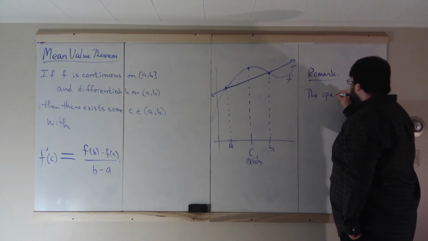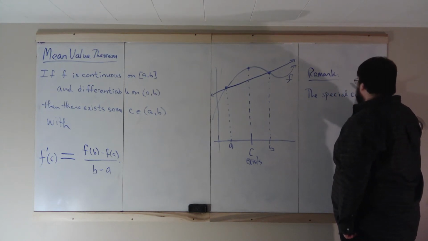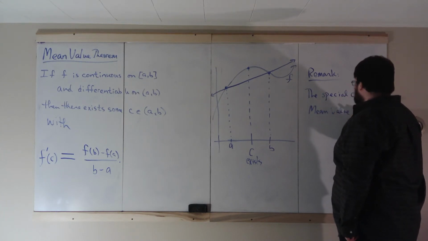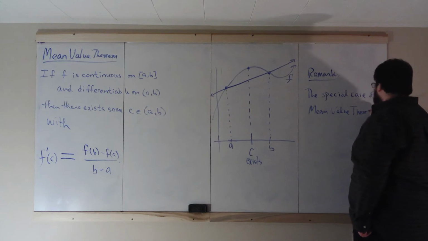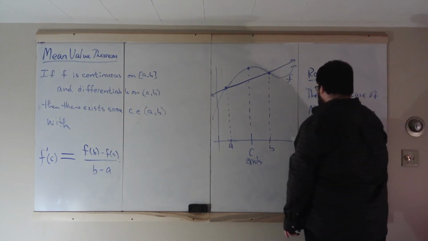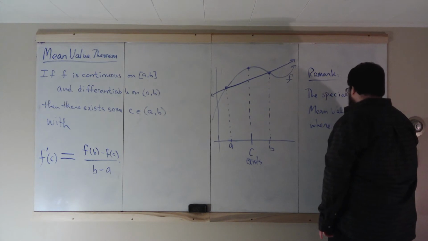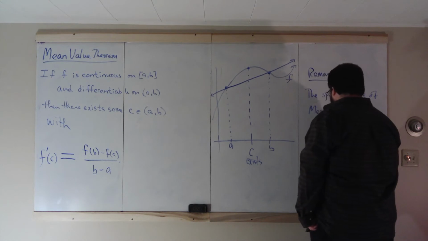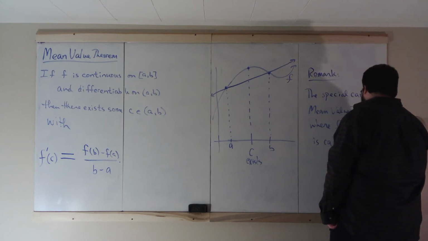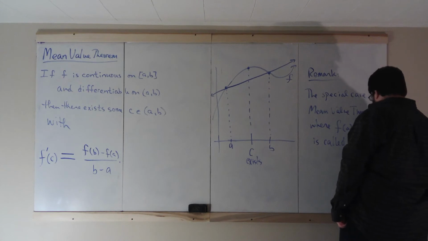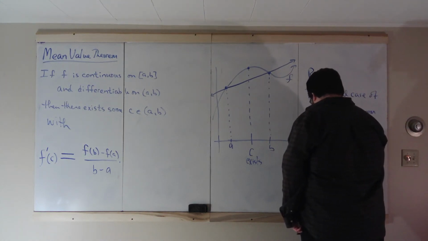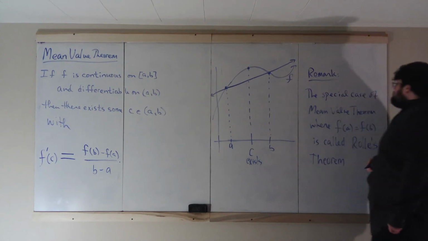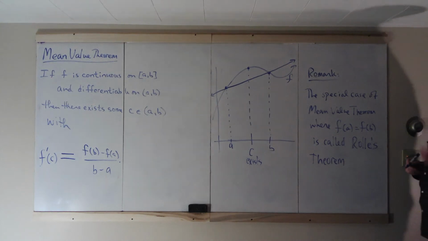The special case of mean value theorem, sometimes abbreviated MVT, where f of a equals f of b is called another theorem called Rolle's theorem, named after a guy named Rolle. I'm not aware of anything else he did in math except get his name attached to this. The special case of mean value theorem where f of a equals f of b is called Rolle's theorem.